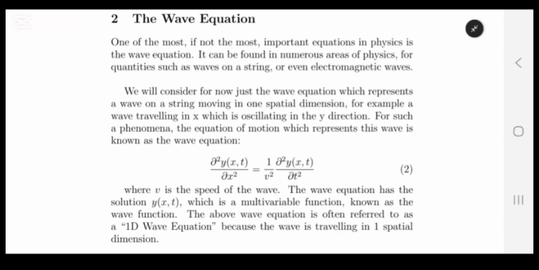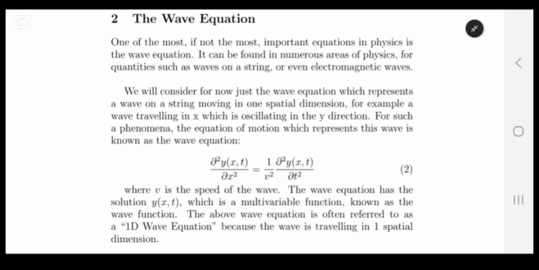We call this a multivariable function. So we have two inputs, x and t here. Therefore, when we take a derivative, unlike in the past, if you just have one input, it's obvious what you're taking the derivative with respect to. Here we have to specify which one of x and t we are taking the derivative of. So the wave equation is relating two x derivatives of this function to two t derivatives of this function.